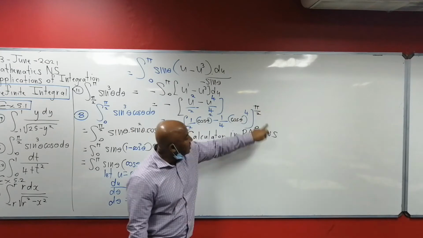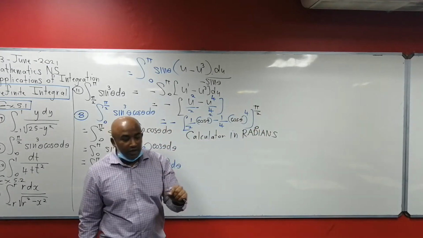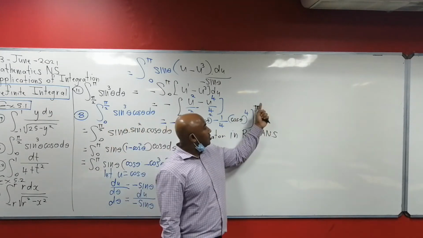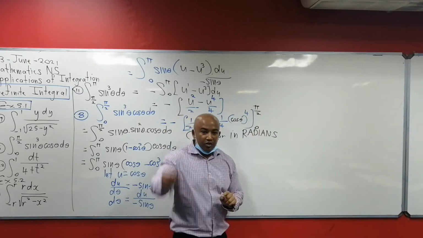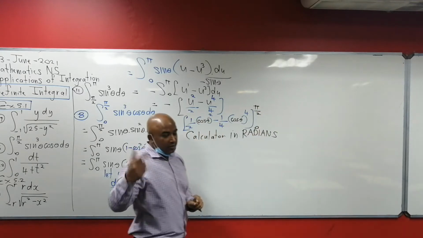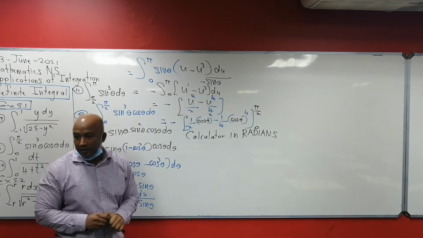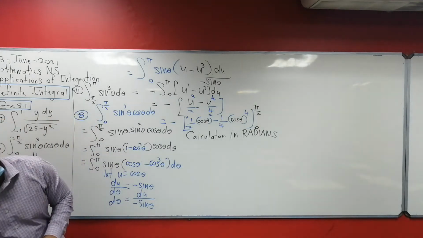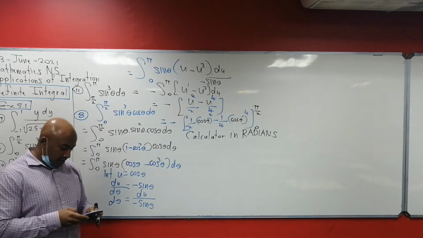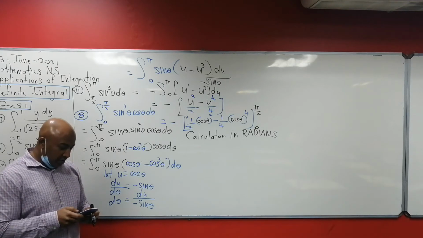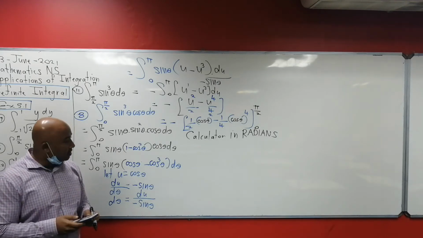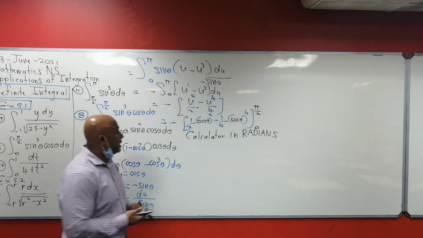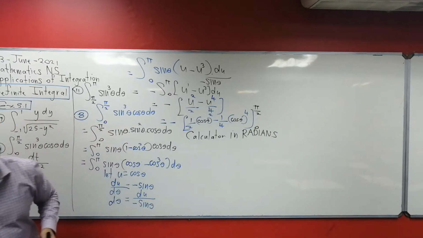You can see this angle is not in degrees. You cannot see the degree symbol here. So as it is, it's in radians. So you're going to go shift, mode. What number is it on the calculator? Let's see. Number 4, RAD there. So your calculator in radians, and then you're going to substitute.